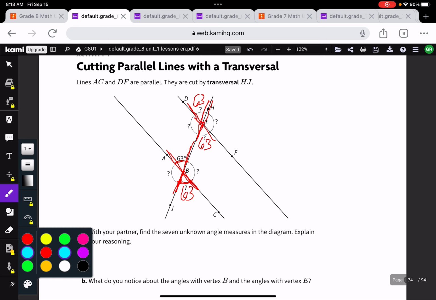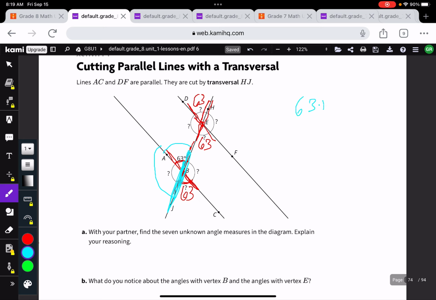Now, we do know if this is 63, we should see a straight line. This blue line is straight, which means I have 63 plus something equals 180. So how do we do that? Well, I'm going to have to subtract 63 from each side.